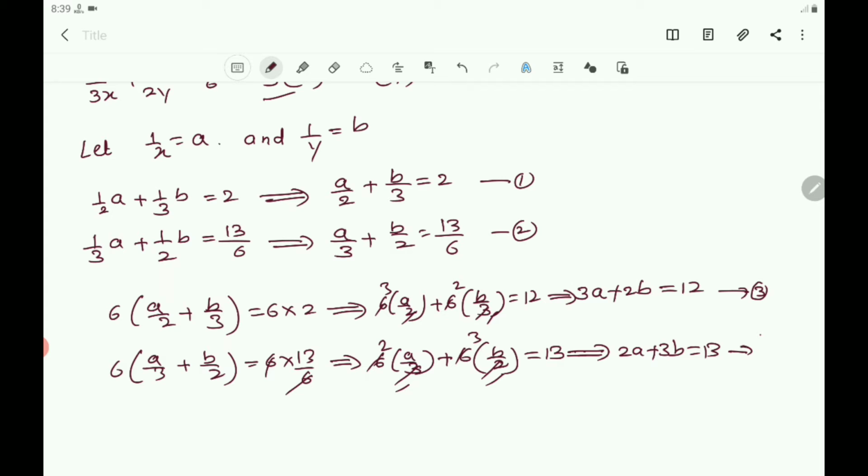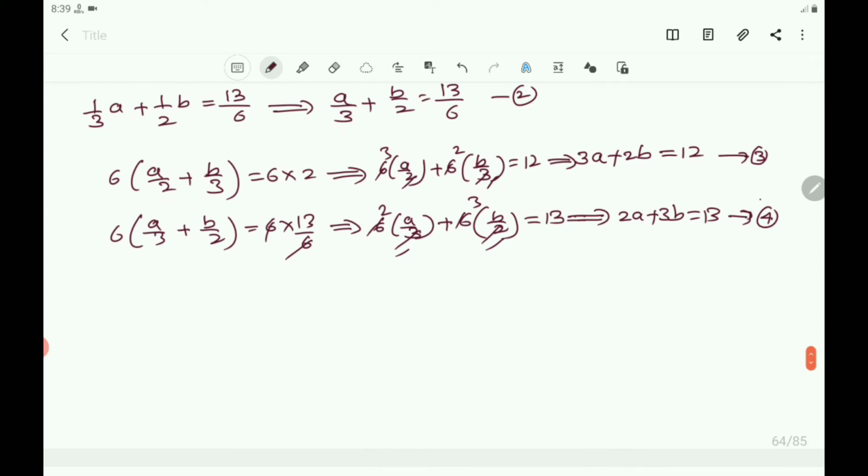So the second equation is reduced to the fourth equation. Now you write one below the other: 3a plus 2b equals 12.